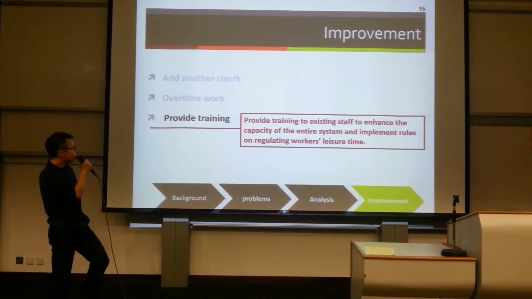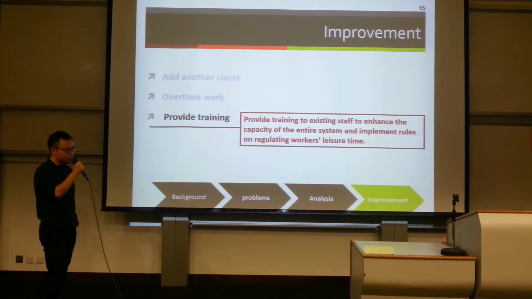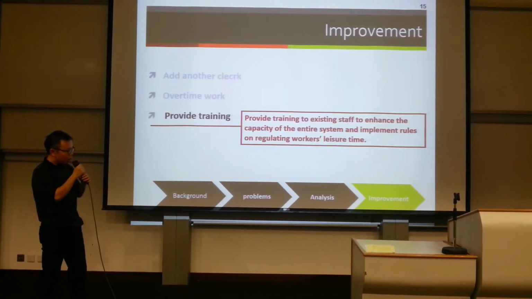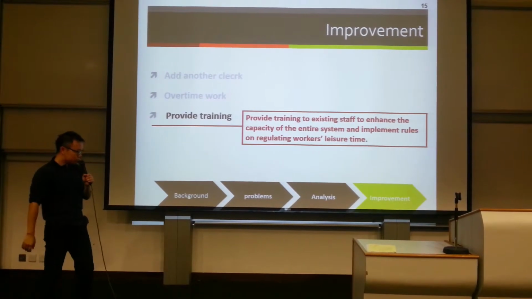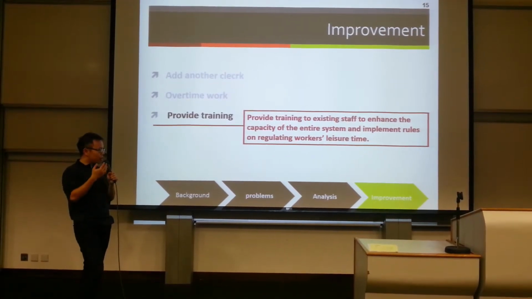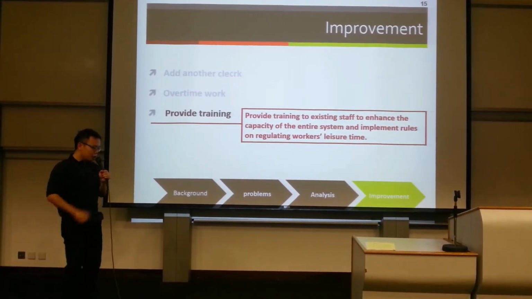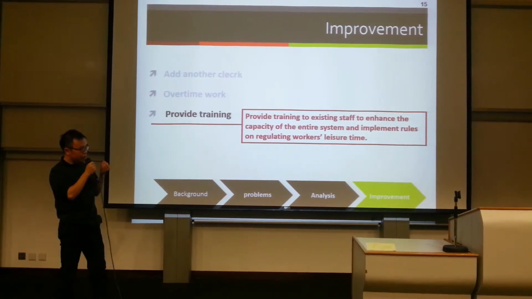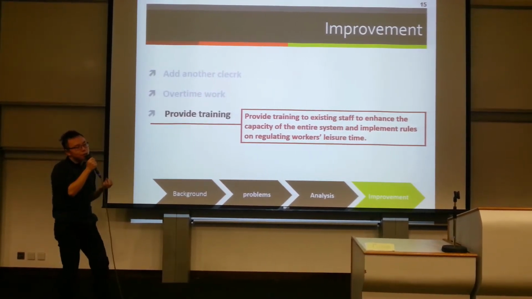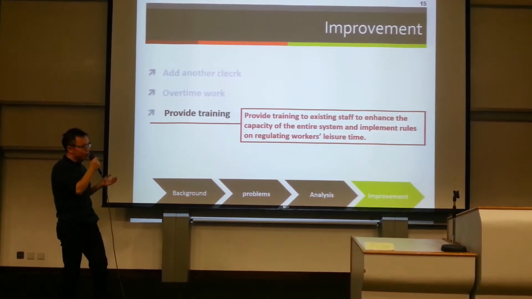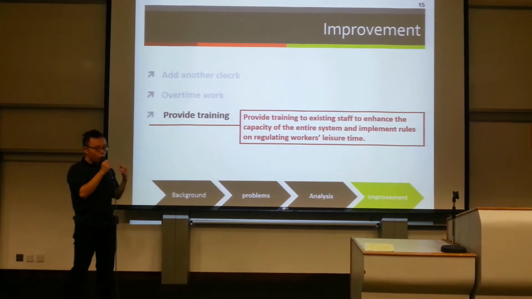Okay, the next solution is we provide a training course to our workers. In that way, our workers' average working time will be reduced by about 17% compared to the original working time.